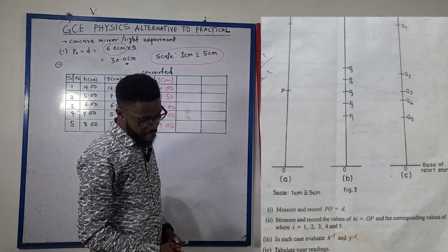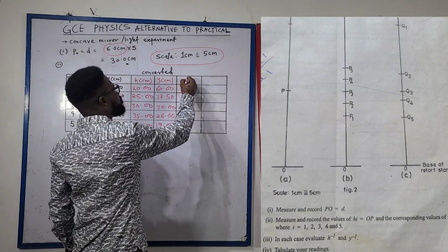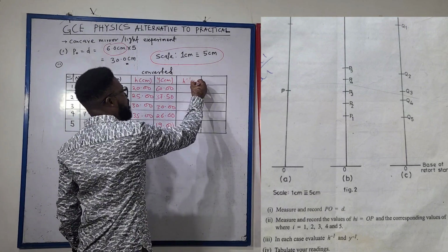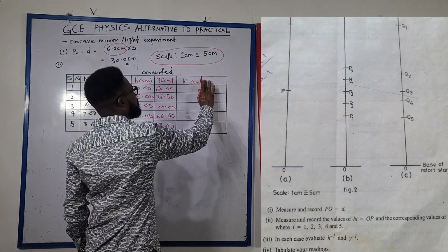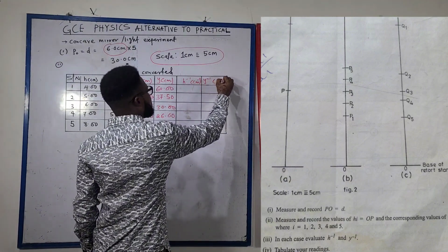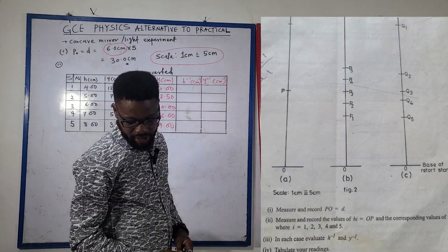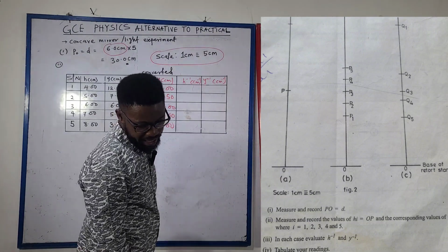For Roman figure 3, I was told to evaluate in each case h raised to power minus 1. So that is definitely going to be in per centimeter, and y raised to power minus 1, that is also going to be in per centimeter. There are figures here I have already computed.